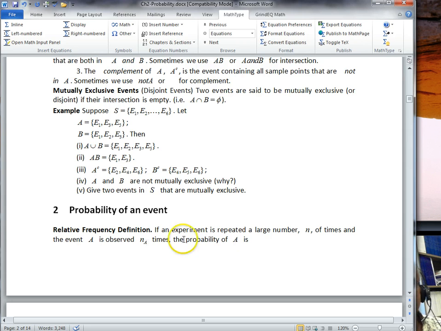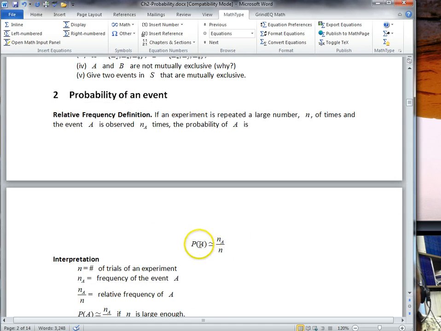I throw the die 100 times. I observe 6, say, NA 15 times. Then the probability of A would approximately be NA over N.